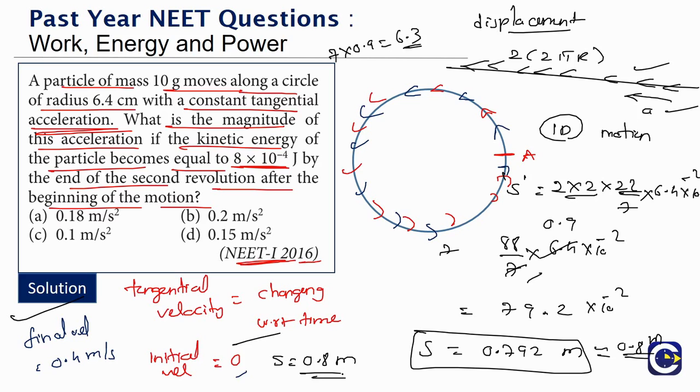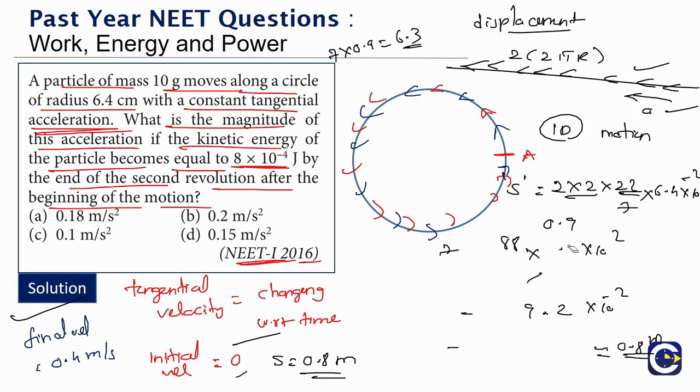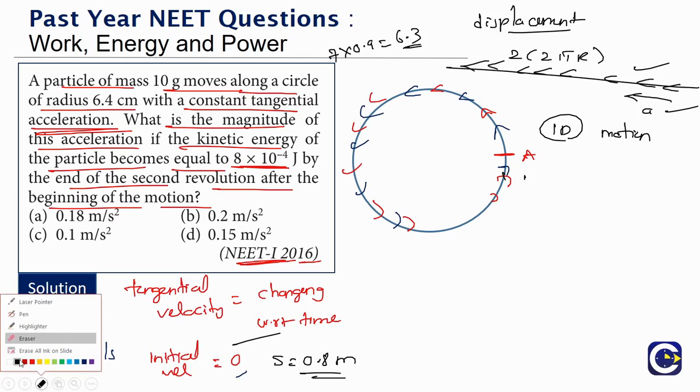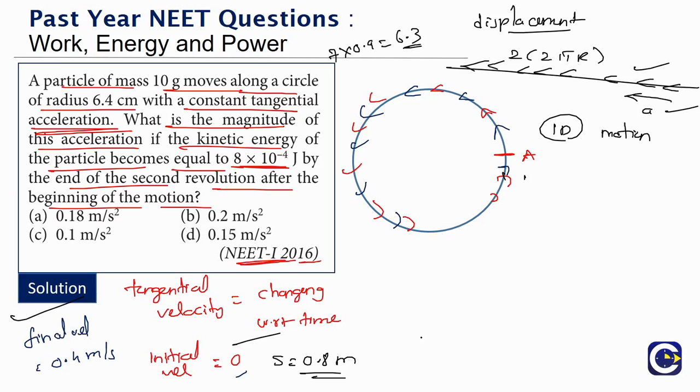Now we have the initial velocity 0, the final velocity, and the displacement. It's a case of uniform acceleration motion, the way we look at this in the 1D visualization. We have to find the acceleration, so we can go for the equations of motion. The equation relating these parameters is v square is equal to u square plus 2as.